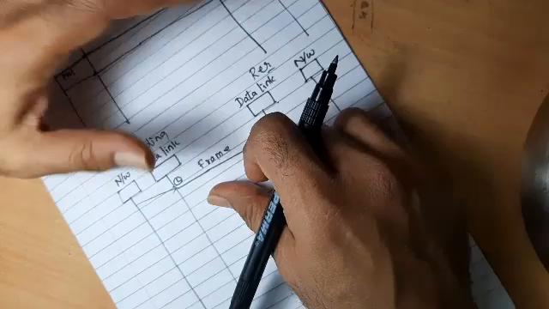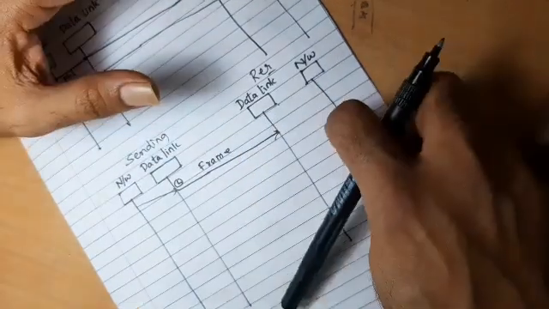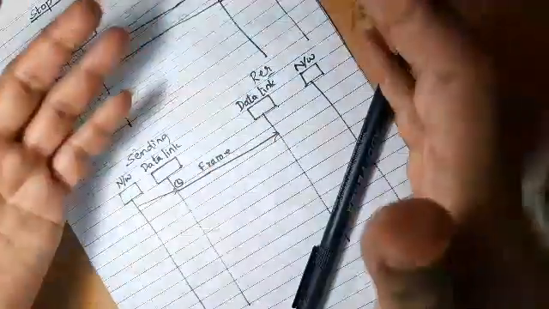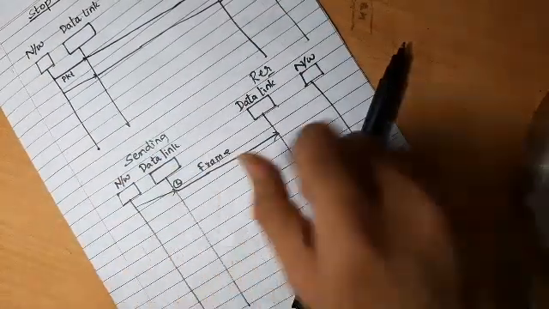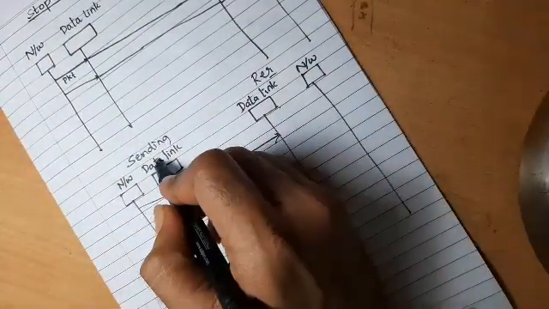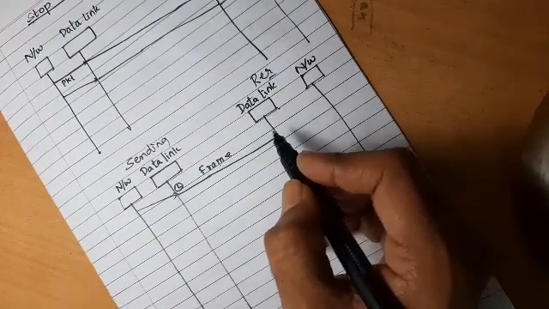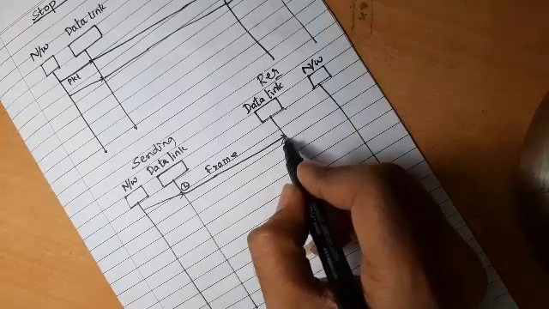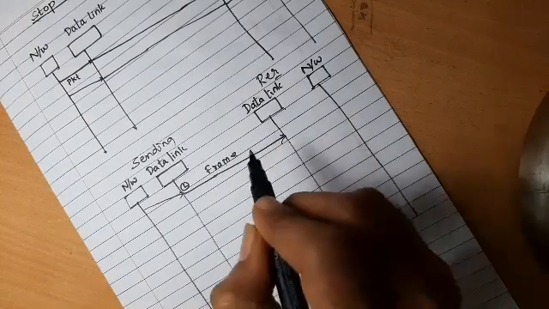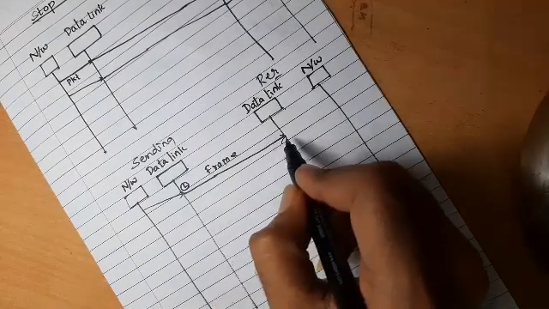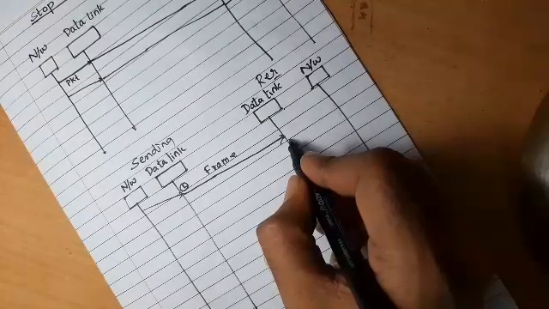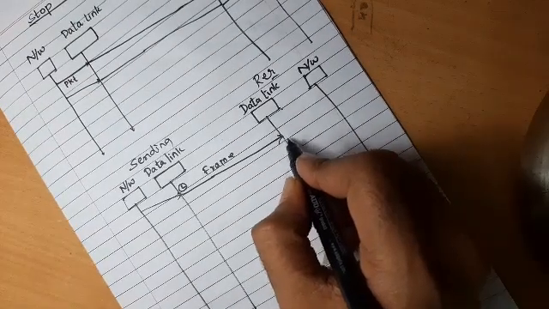Now in this protocol, since I am not sure at what rate my receiver will consume the frames, the sender has to wait till the acknowledgement comes from the receiving side. The moment a frame arrives at the data link layer, the data link layer first tests it for errors.